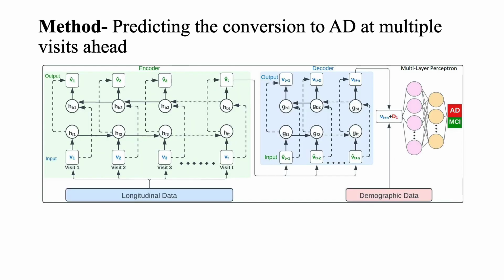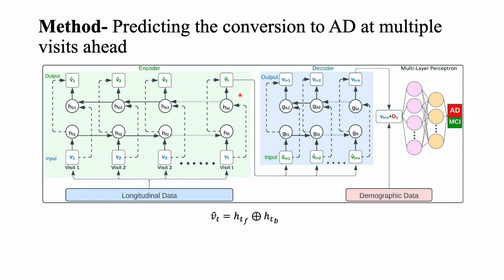To describe our model, I will explain only one architecture, which predicts the conversion of Alzheimer's disease at multiple visits ahead. The architecture is composed of three parts: encoder part, decoder part, and multi-layer perceptron part. In the encoder part, two gated recurrent units in both directions are used to gain the latent representation from longitudinal data using this formula.